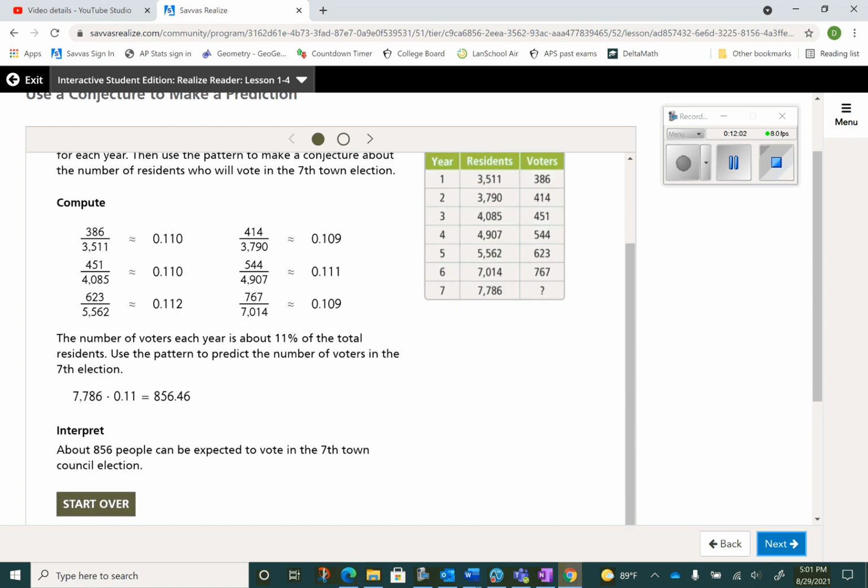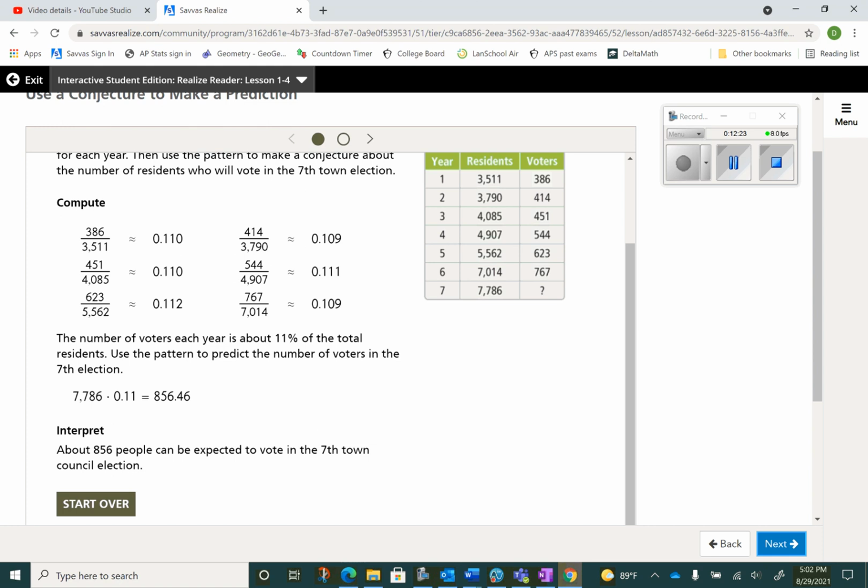Okay, we could either round that off and say our prediction here is 856 people, or you could say our prediction here is more than 856 and then round up to the next integer.